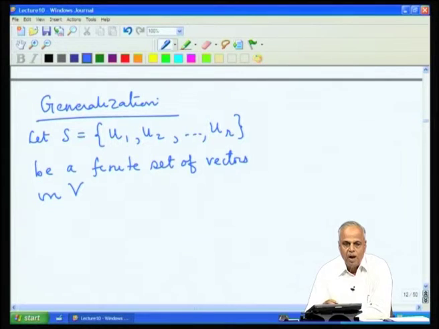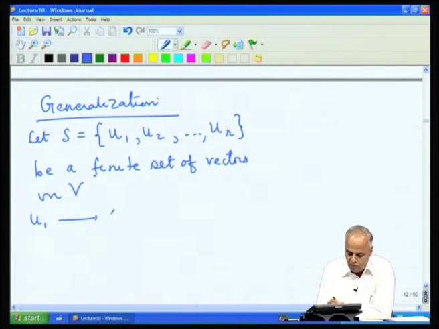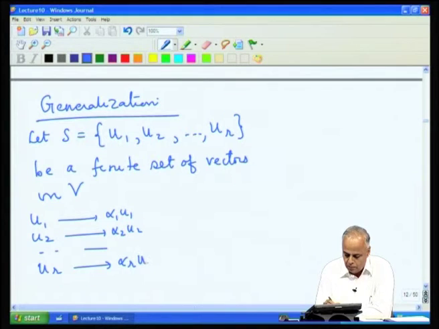Obviously, you can build alpha 1 u1 from u1, alpha 2 u2 from u2, and so on, ur builds alpha r ur.